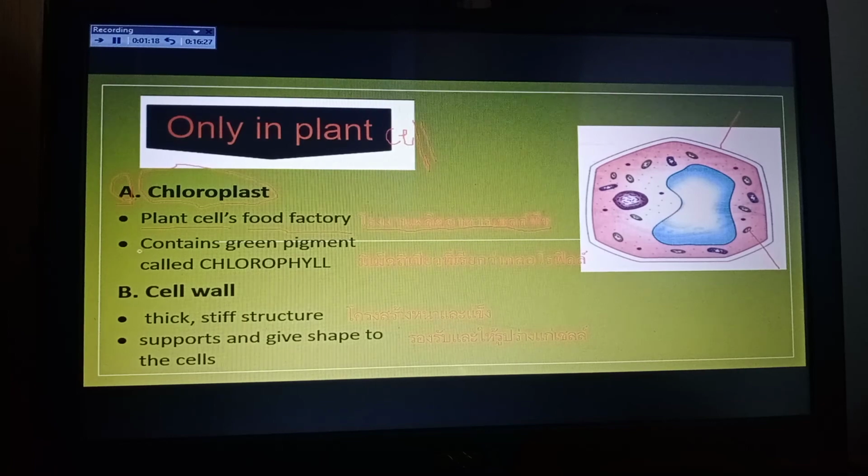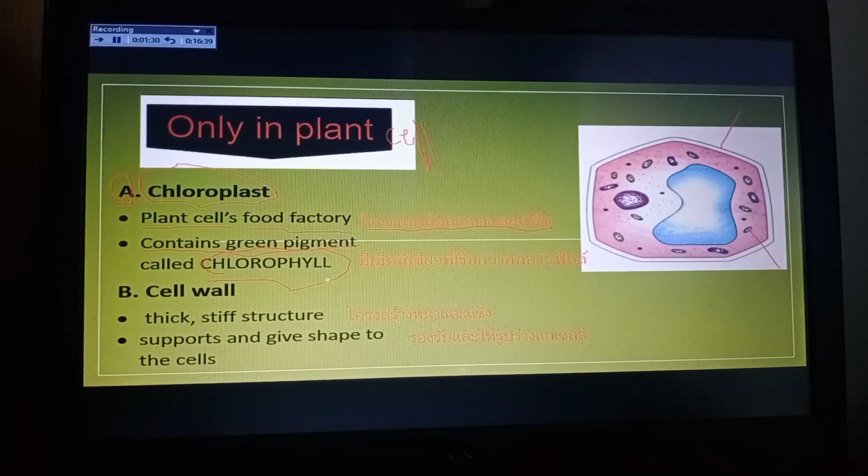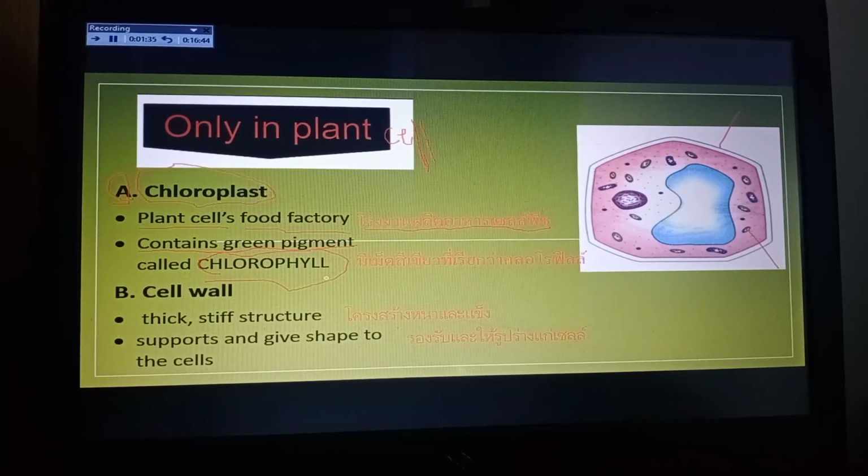It contains green pigment called chlorophyll, which you can find in a plant. This is very useful when the plant is doing photosynthesis, or making food.